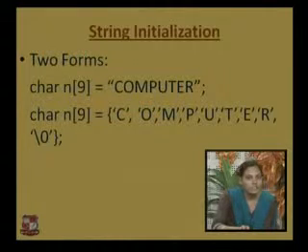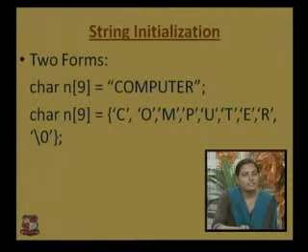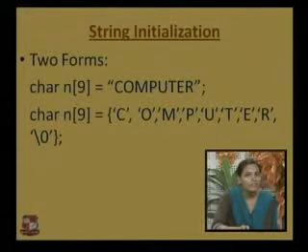So in the declaration we gave the character array that represents the string, and we are now assigning values. The values can be represented in two ways. Here 9 is the size of the string, or the number of characters the character array can accommodate.